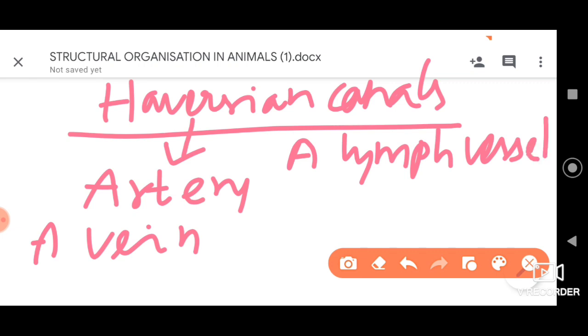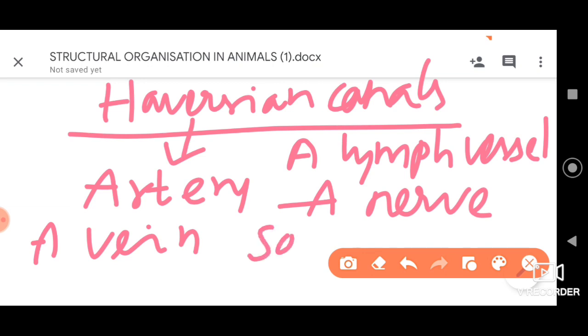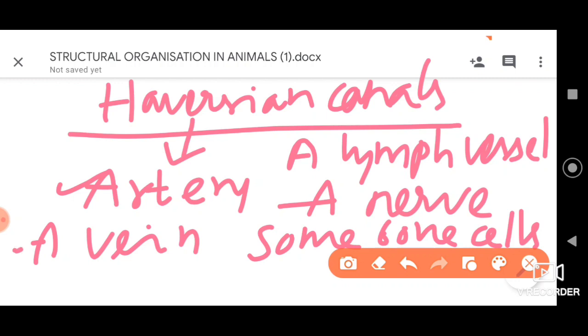To go with that, they also have a nerve, and some bone cells are also present in the Haversian canal. So an artery, a vein, a lymph vessel, a nerve, and certain bone cells are present in the solid matrix having the Haversian canals.